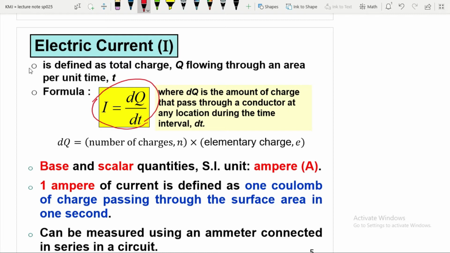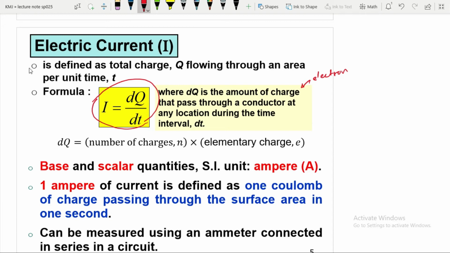So earlier we learned that electrons need to be moving. So electron is the charge carrier in this case. So current is the amount of charge, which is electrons, that passes through a conductor at any location during any time interval.